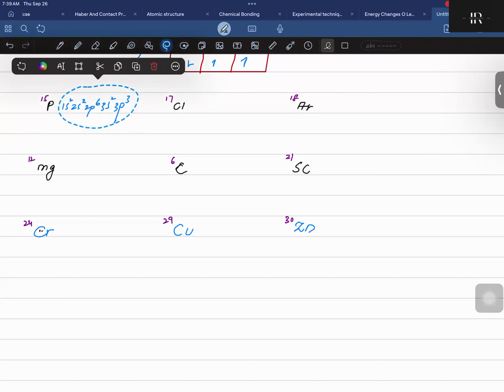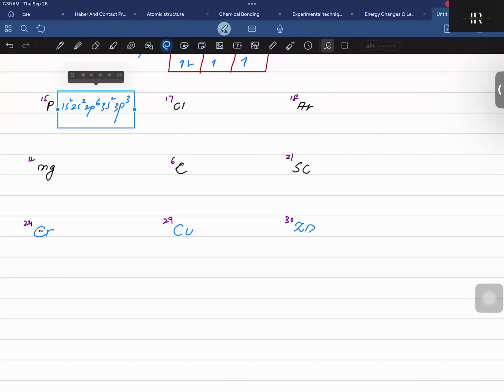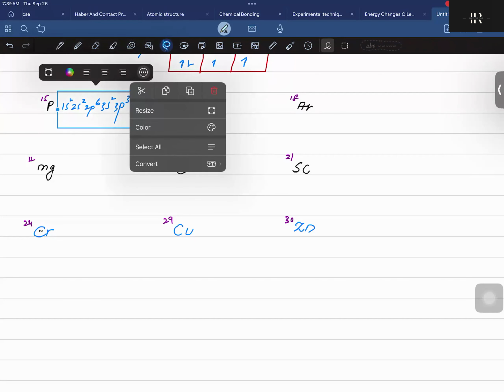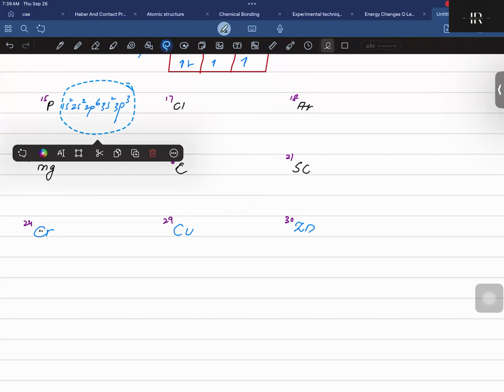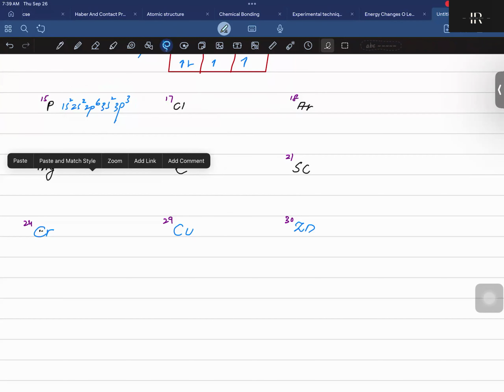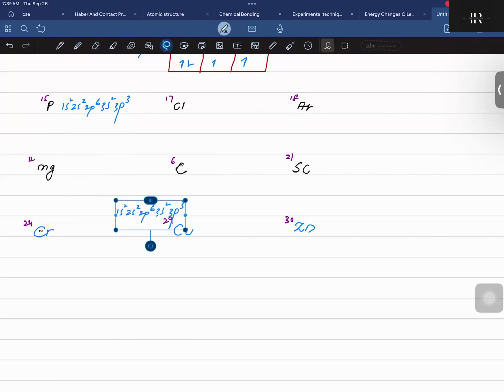Same thing for the next one. There is no sulfur. Okay, no problem. So chlorine would be 1s2, 2s2, 2p6, 3s2, 3p5.